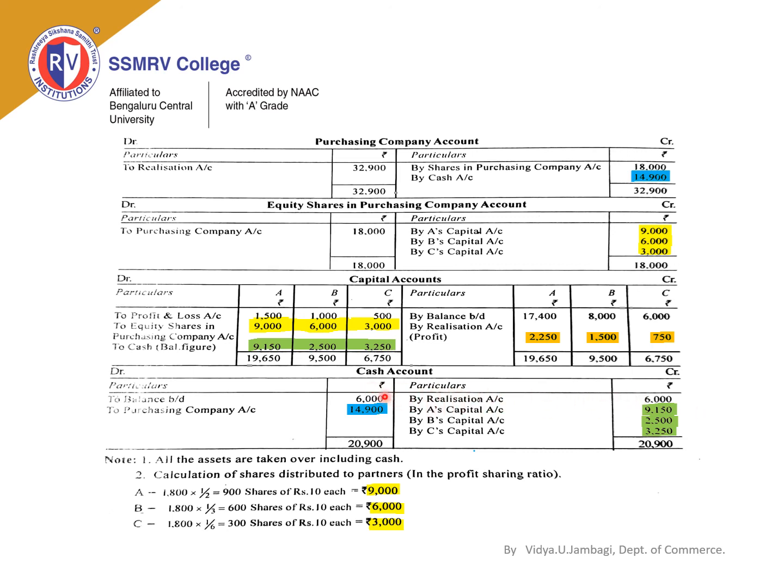So one entry, opening balance entry on the debit, as well as transfer to realization on the credit, can be skipped. Then the next entry is for the cash received from the purchasing company, which is 14,900, and how this cash is distributed among the partners to settle their accounts.